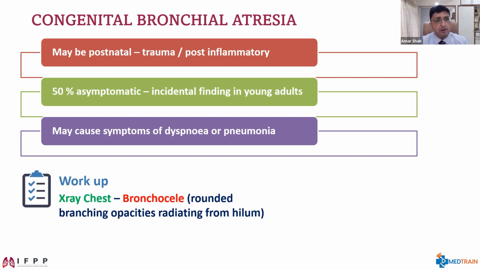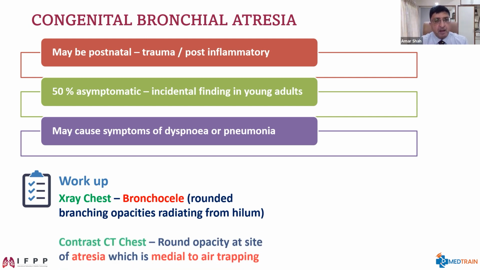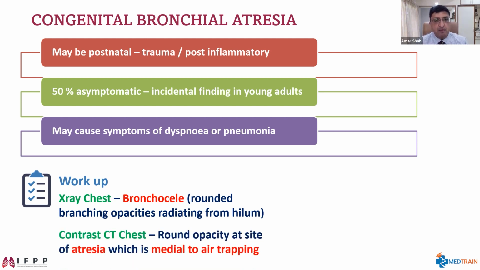The workup includes an X-ray of the chest, which shows a bronchocele, with rounded branching opacities radiating from the hilum. A contrast CT scan of the chest is the confirmatory workup, which shows a round opacity at the site of the atresia, surrounded by trapped air.